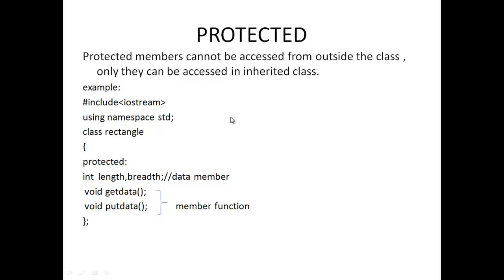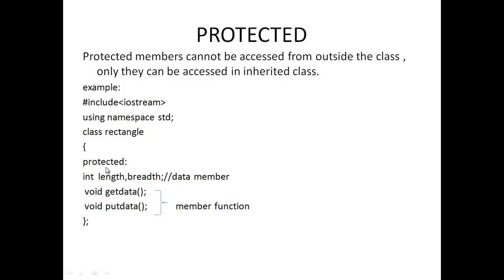So next is protected. Protected members cannot be accessed from outside the class, they can only be accessed in an inherited class. That means when one class is created from another class, then the child class can access the values of the parent class which are declared under the protected access specifier. Okay. Here you see the same procedure is going on.